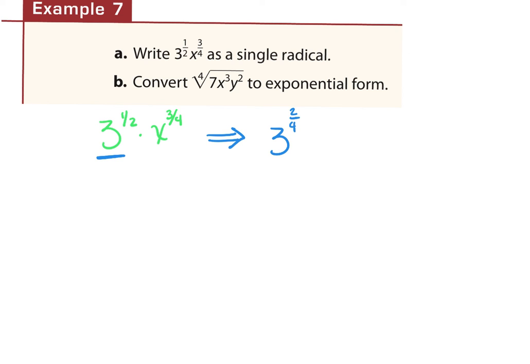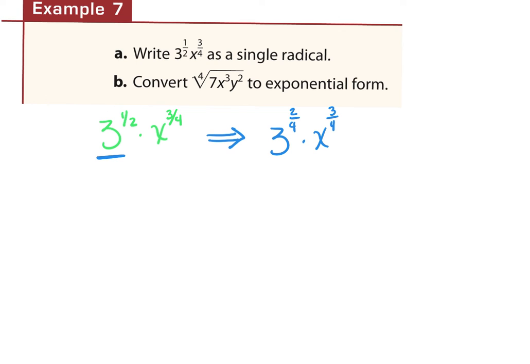Does everybody agree that's the same as 1/2? So I didn't change it, right? We're just changing the exponents. 3 to the 1/2 and 3 to the 2/4 should be the same thing. Does everybody agree with that? Times x to the 3/4.